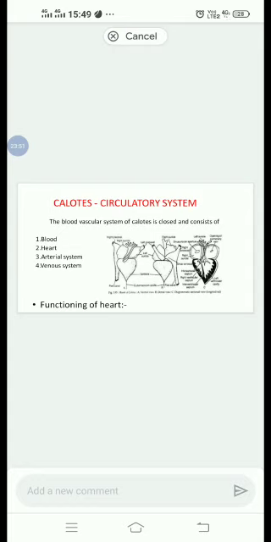Meanwhile, the left auricle receives oxygenated blood from the lungs through the pulmonary vein. When the two auricles contract, the deoxygenated blood from the right auricle passes into the right side of the ventricle, the cavum pulmonale, while oxygenated blood from the left auricle passes into the left side.